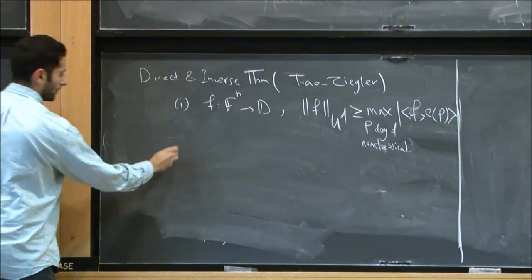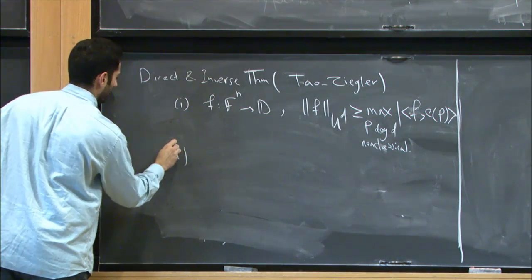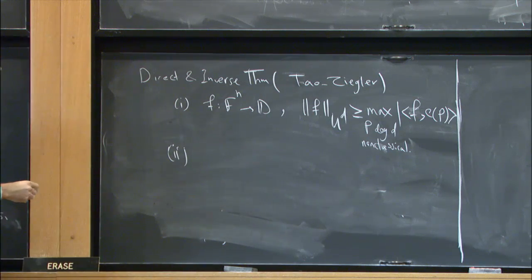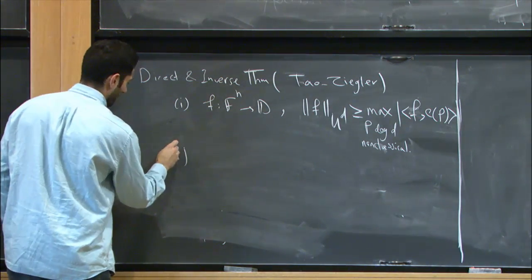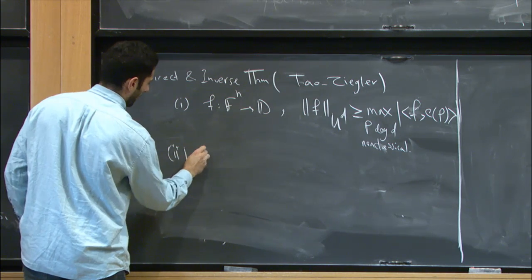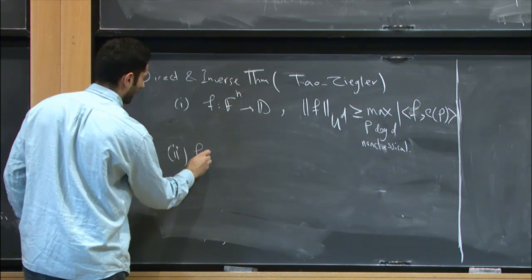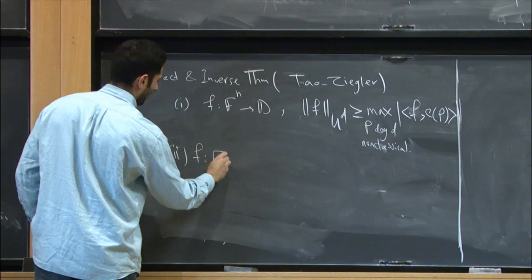And the inverse theorem, which is a much deeper theorem, while the direct one follows by the Gowers-Cauchy-Schwarz inequality. This is a deep theorem that says that, in fact, an inverse to this also holds.